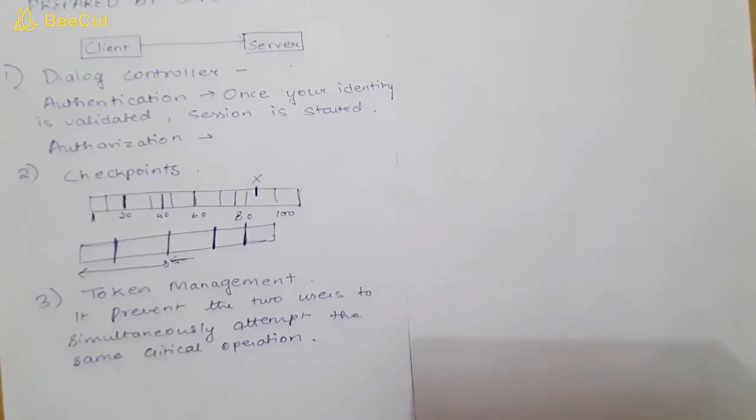If you are attempting a transaction on a particular bank account, then at the same time no other application can access or modify your account details or the data which your account is having. So that is the purpose of using token management.